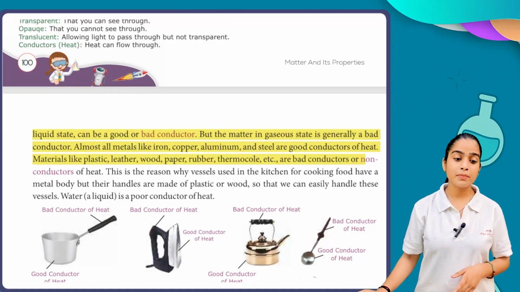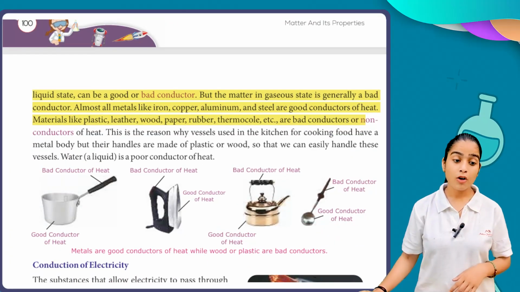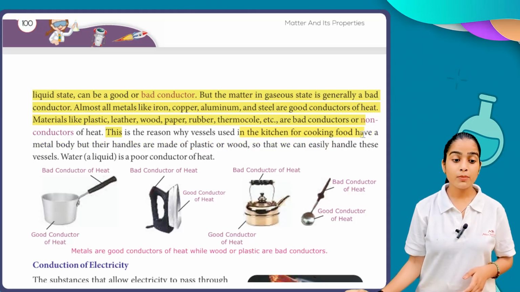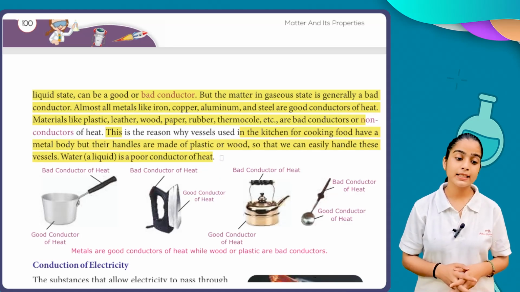Now materials like plastic, leather, wood, paper, rubber, thermocol, etc. are bad conductors, or we can say non-conductors of heat. This is the reason why vessels used in the kitchen for cooking food have a metal body, but their handles are made of plastic or wood, so that we can easily handle these vessels.